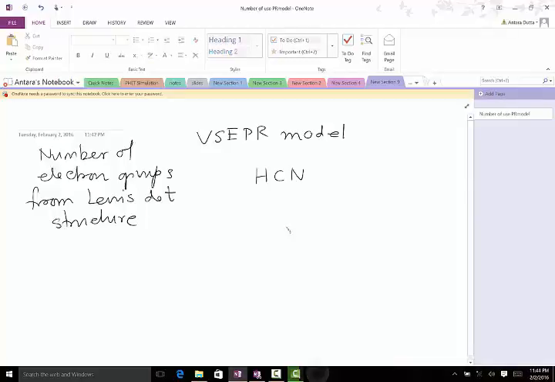So carbon should be my central atom because hydrogen cannot be central and nitrogen is more electronegative than carbon. So this is my rough skeleton and how many electrons I have to show here. If you calculate the total number of valence electrons, it should be hydrogen 1, carbon 4, nitrogen 5, total 10 electrons.